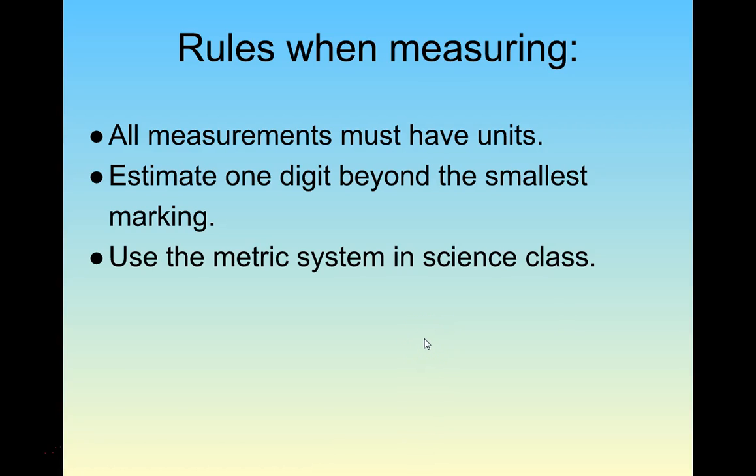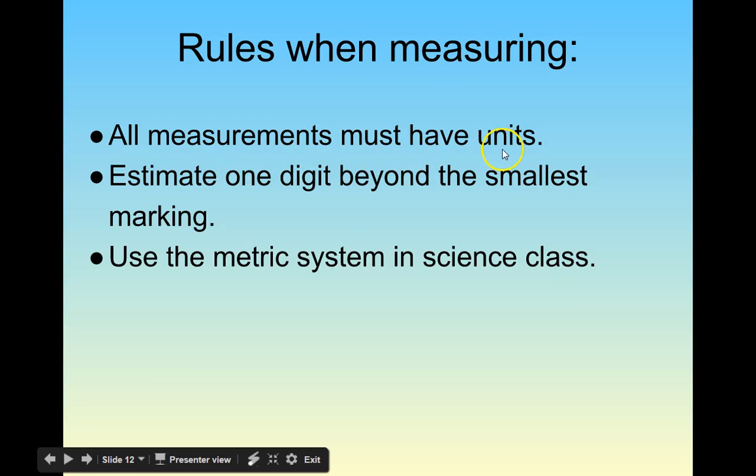When you do measuring in class, every single measurement that you make must always have units. Very important. If you don't have units on a number, you are going to probably get it wrong on a quiz or a test or a lab. So make sure you put units on all of your numbers. You should always estimate one digit beyond that smallest marking.